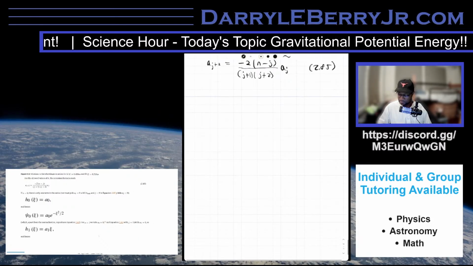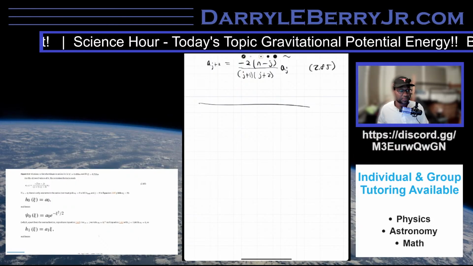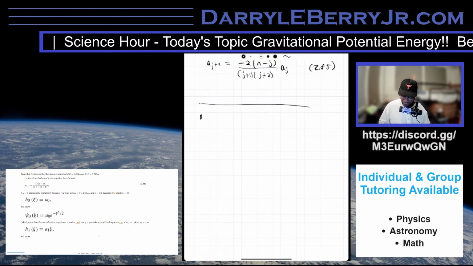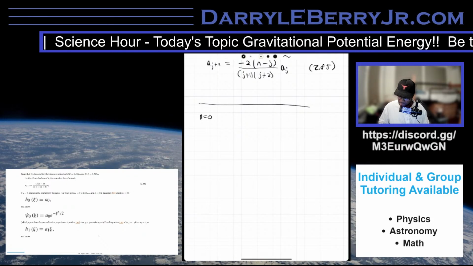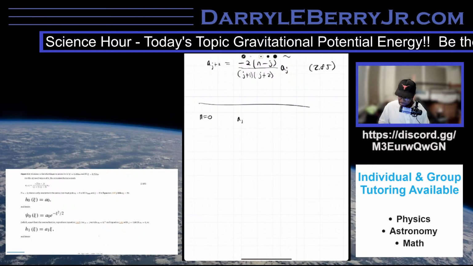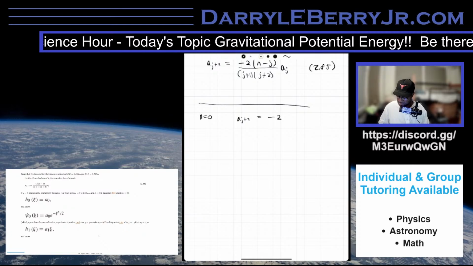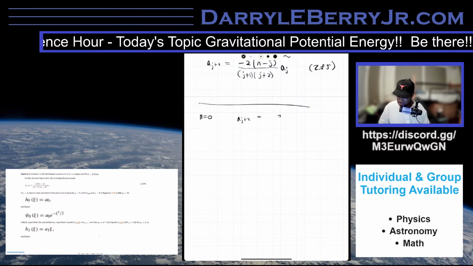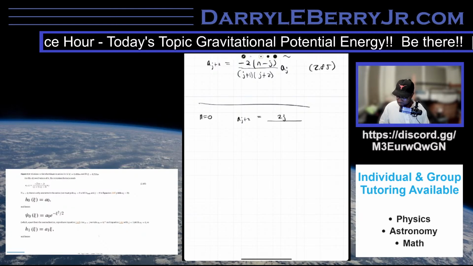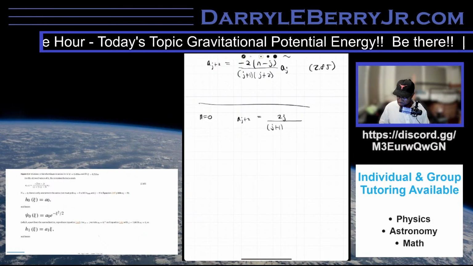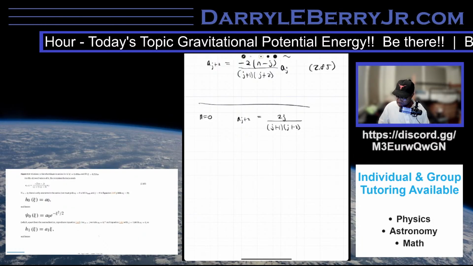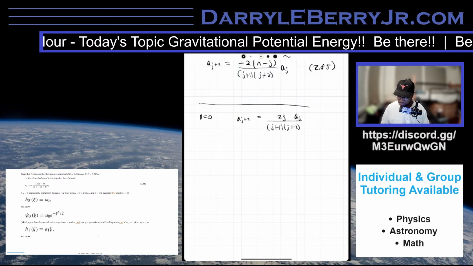Let's actually do this. If n equals 0, we have a_{j+2} equals negative 2j over j plus 1, j plus 2, times a_j.